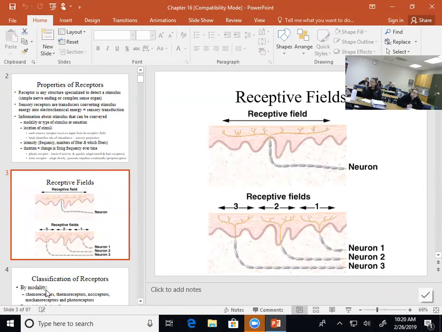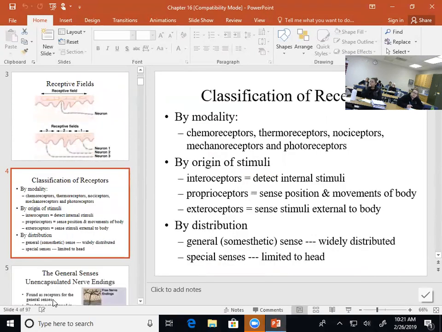So we get that there are different ones, and that they're going to be named based on what they do. Does it make sense to you that chemoreceptors are the receptors that are going to be stimulated, action potentials generated, when chemicals are changed in the body? So chemoreceptors are going to pick up things like oxygen levels, CO2 levels, pH levels.